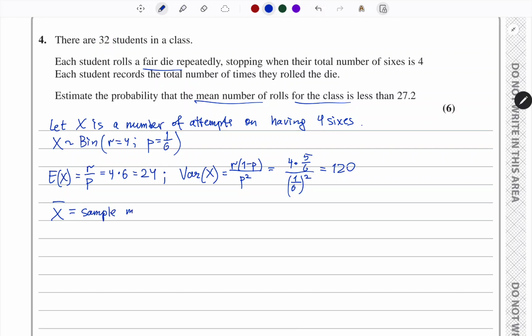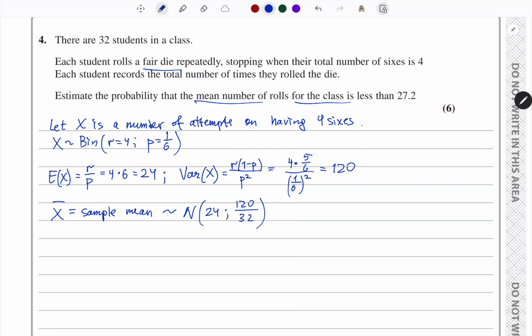According to the central limit theorem, which applies here because n is 32, a big enough sample size, and all the students' attempts are independent of each other, X bar follows a normal distribution with the same mean, but the variance of 120 is divided by 32, the sample size.